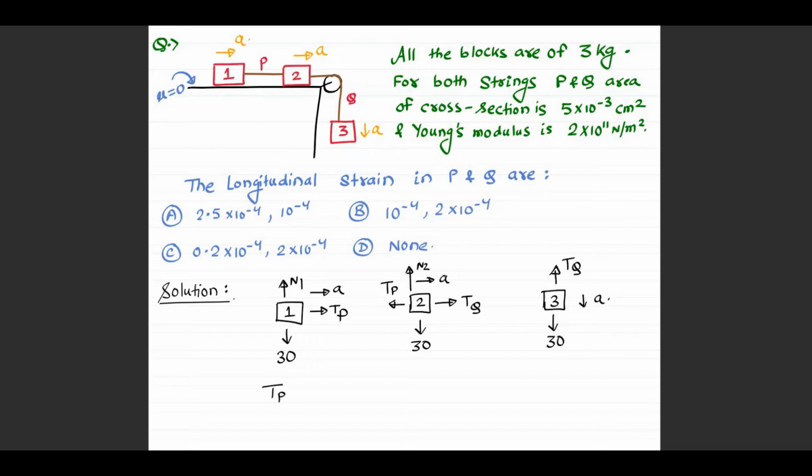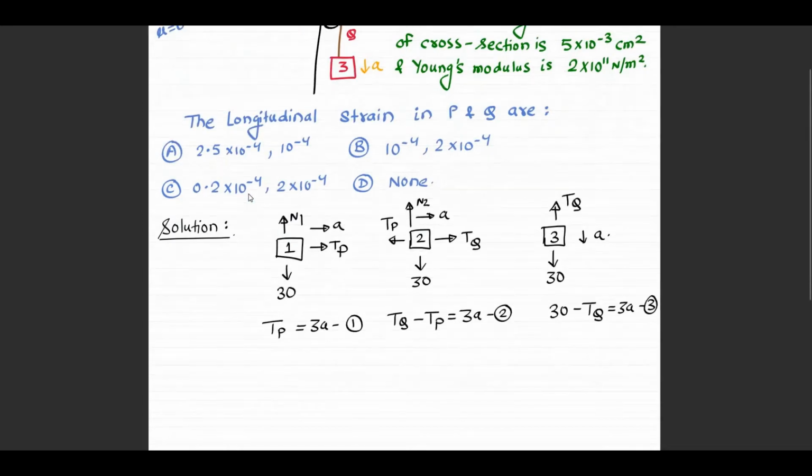So I can write the FBD like this. So I can write, correct. If I add equations 1, 2 and 3, LHS will be 30, RHS will be 9A.